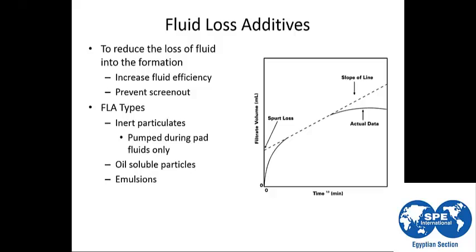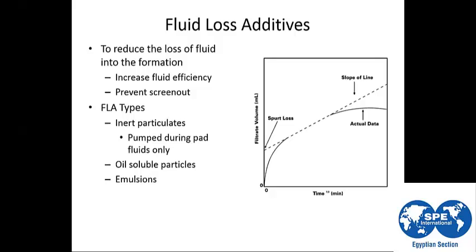So when you start pumping the proppant, it will fill the available space, and the remaining will not find any space for placement. So this will result in early screen out. So the fluid loss materials are used to improve the fluid efficiency, and by the way, reduce the chance of having early screen out.